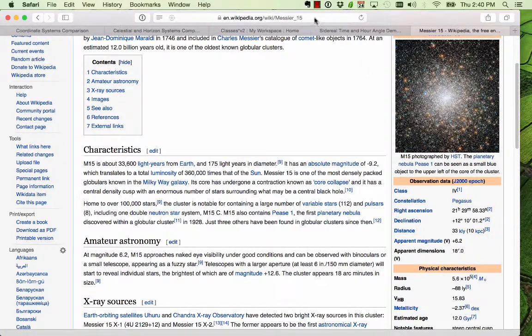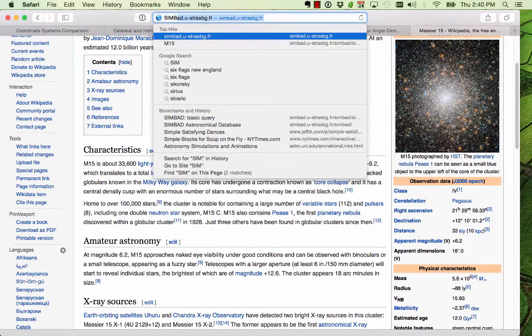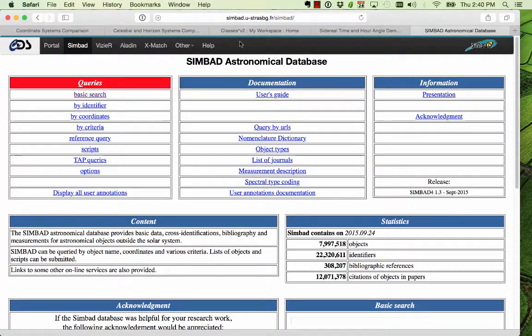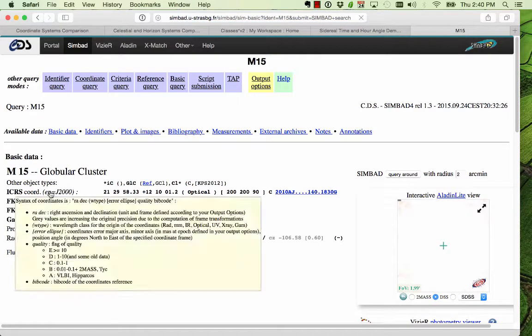Another good source that astronomers know is called SIMBAD. This is really useful for finding lots of detailed information, citations to papers, various measurements. If I go to basic search, I can type in M15. And here's the object.